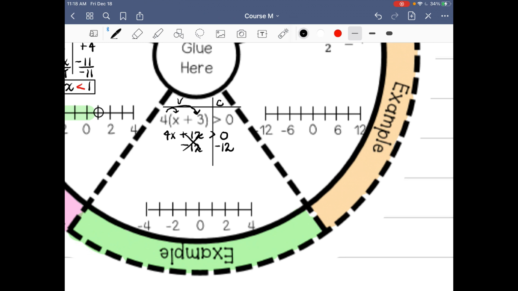We're subtracting it. So we have 4x and negative 12. Divide by a positive 4. So you get x is greater than negative 3. Put your interval at negative 3. It's open, and you shade above.